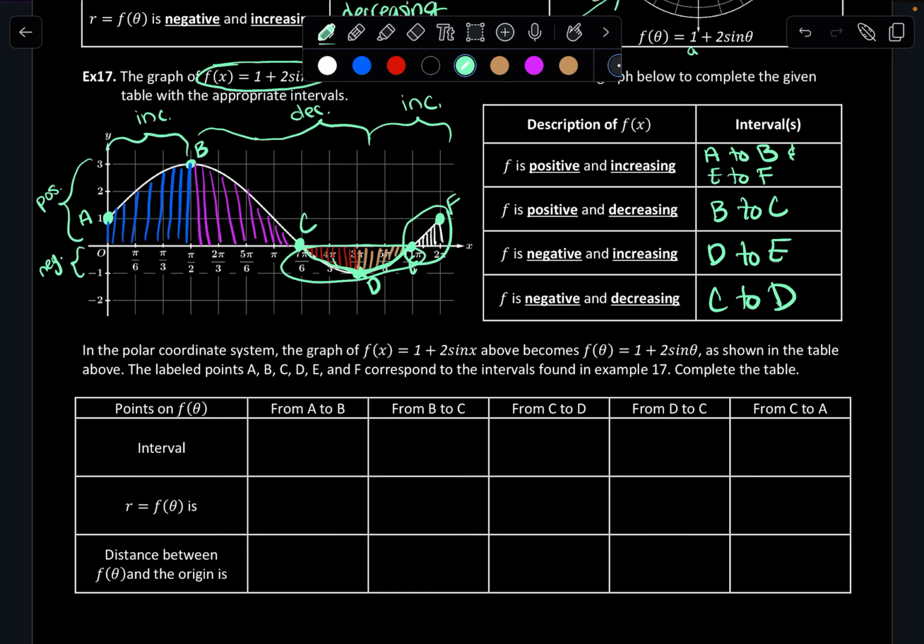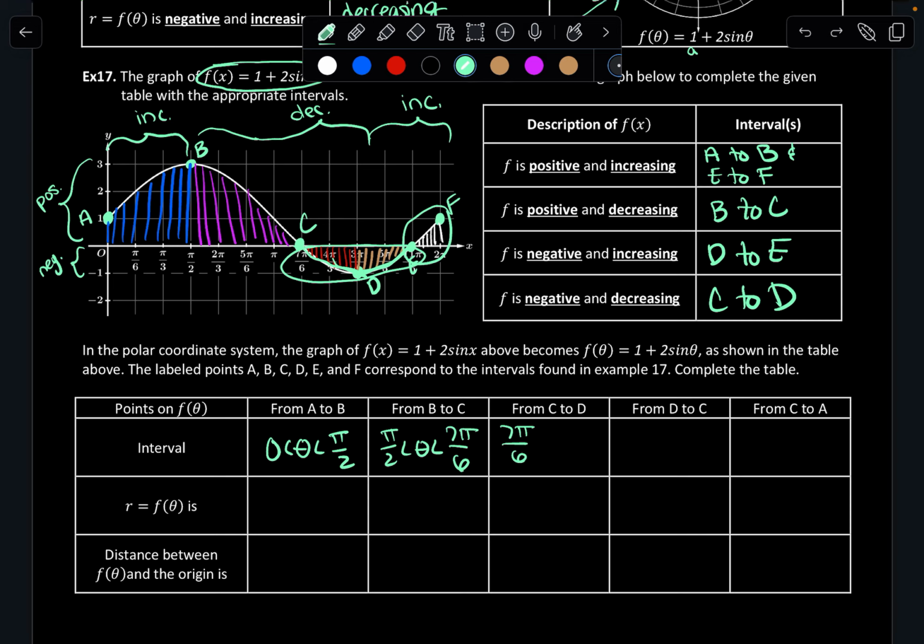So let's see, interval from A to B. So the interval from A to B in terms of theta is going to be from 0 to pi over 2. And then B to C, we have pi over 2 to 7 pi over 6. C to D is 7 pi over 6 to 3 pi over 2.